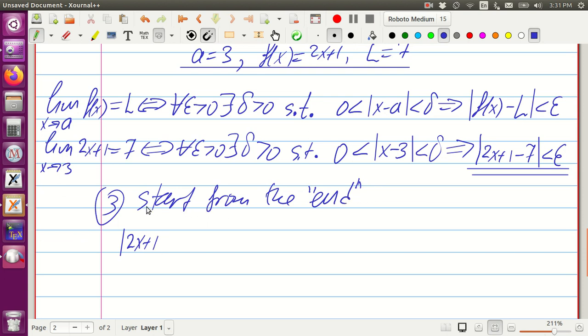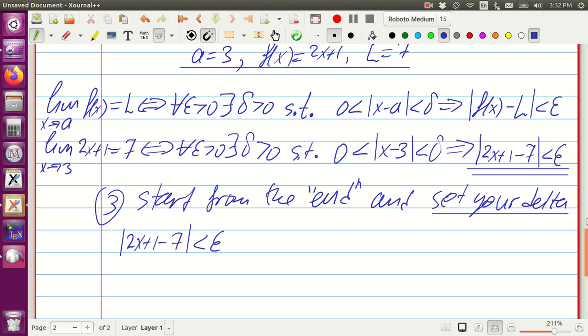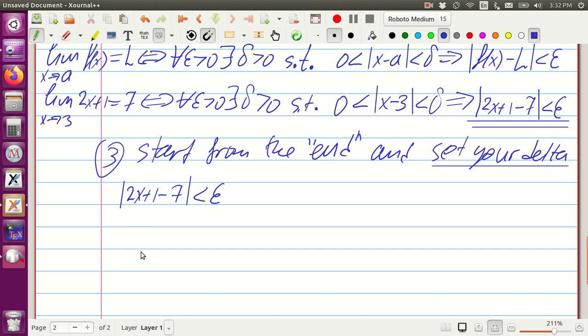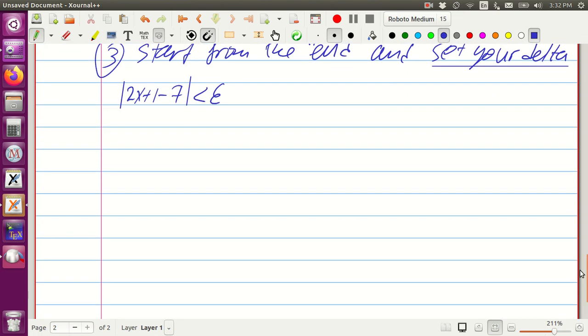Let me finish the phrase though: start from the end and pick and set your delta. I'll explain in a second what it means. So we're starting from the end, so absolute value of 2x plus 1 minus 7 less than epsilon. And we start writing it one under another. So let's see how it's going to work.